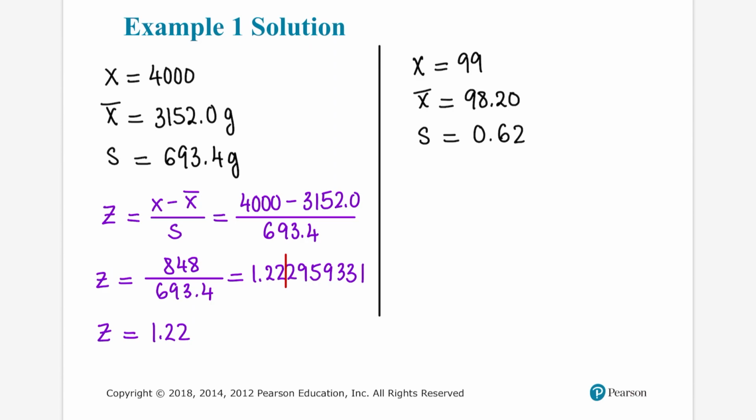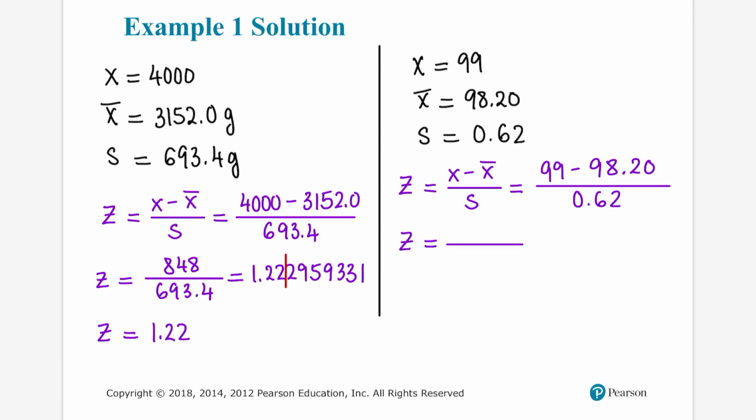And I would do the same thing for the other data as well. So I have x minus x bar over s. 99 minus 98.20 is 0.80 divided by 0.62. That gives me 1.290322581, and I am going to round it to 2 decimal places.